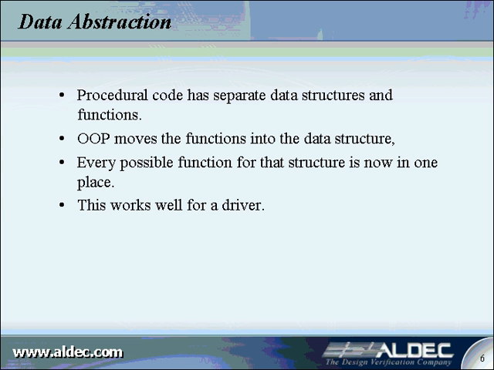The first thing that object-oriented programming does is help you think about the data and the functions that work on the data together. Beforehand, code had been separated from data. It's called procedural code, and you had data structures, which are basically groupings of data, and then you had procedures that operate on them.